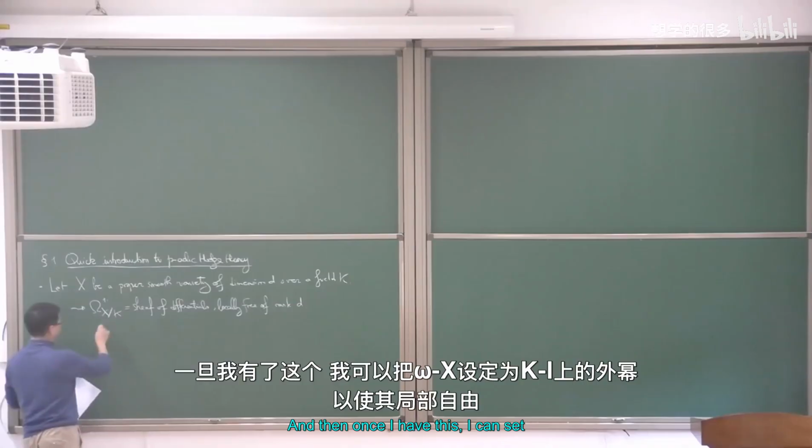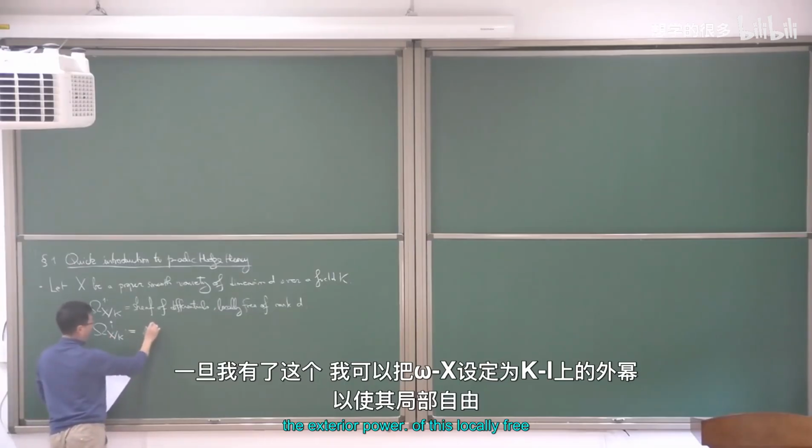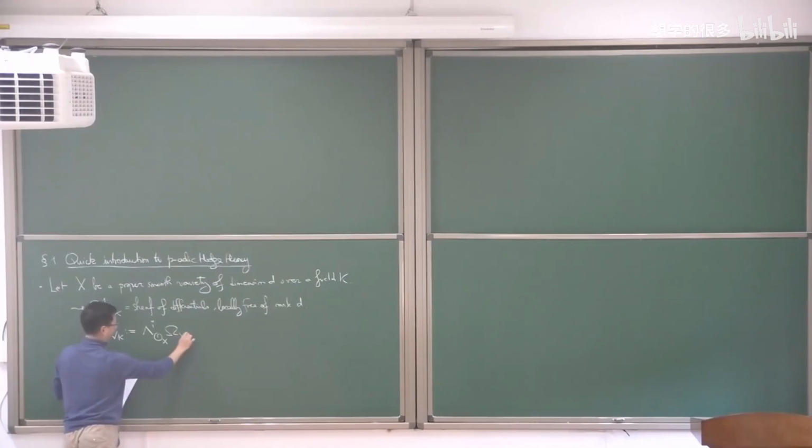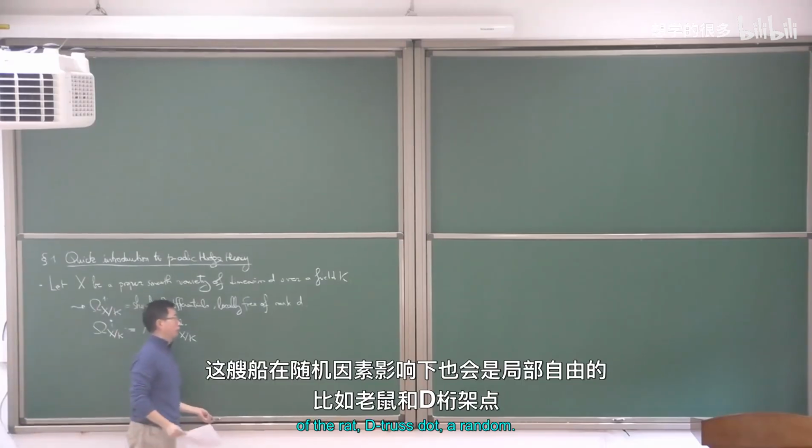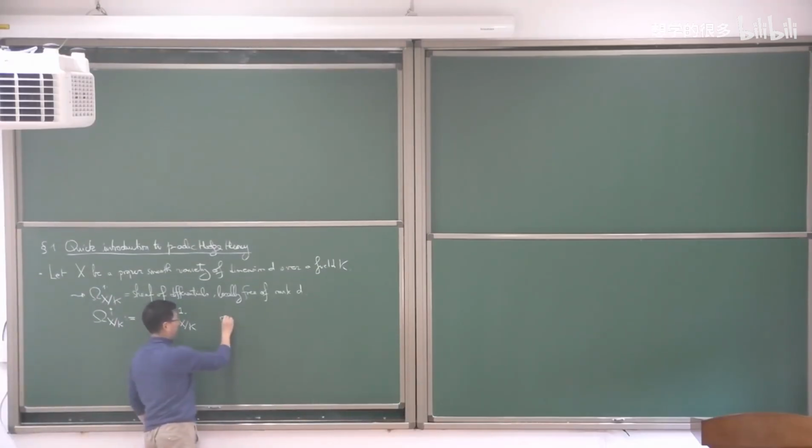And then once I have this, I can set Omega^i_{X/k}, for any i, to be the i-th exterior power of this locally free sheaf. So this sheaf will also be locally free of rank d choose i.